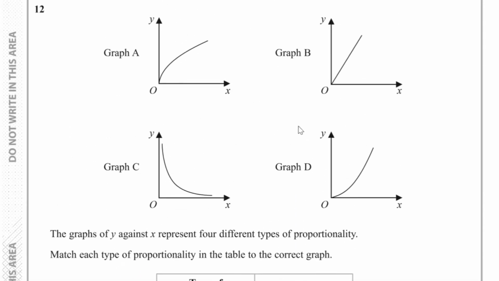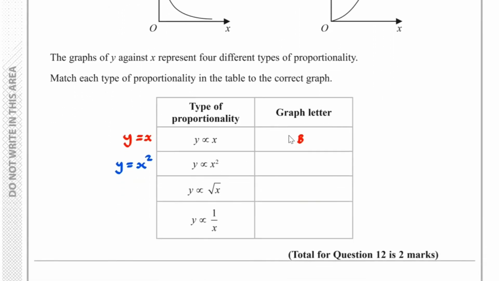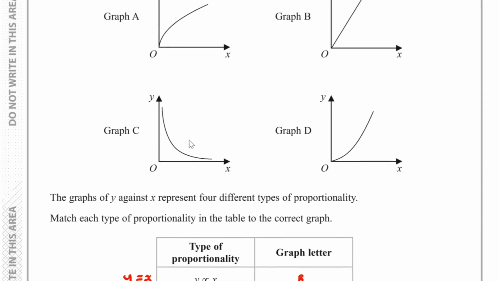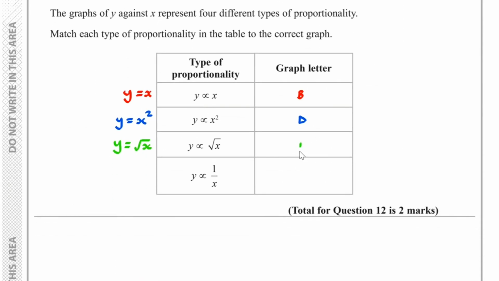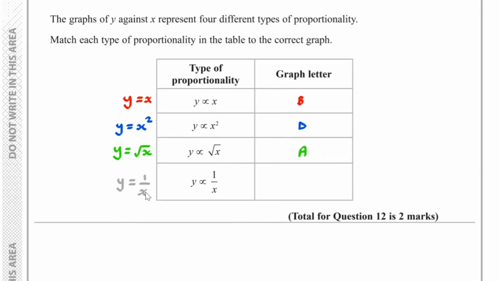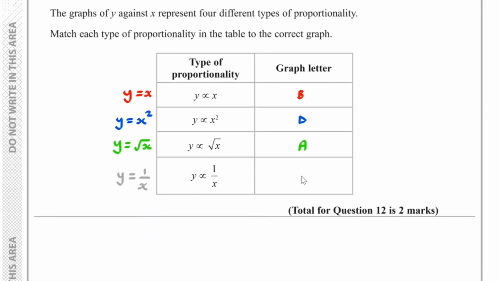And if I take a look at the graphs, that will correspond to graph D for positive x values. y being proportional to the square root of x, well, we could think about plotting y equals the square root of x, which will be A, and then y equals 1 over x. Well, we can think about plotting y equals 1 over x, which is C for positive x.